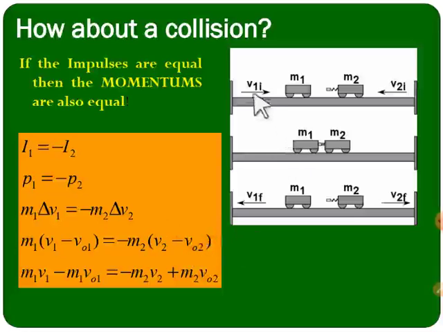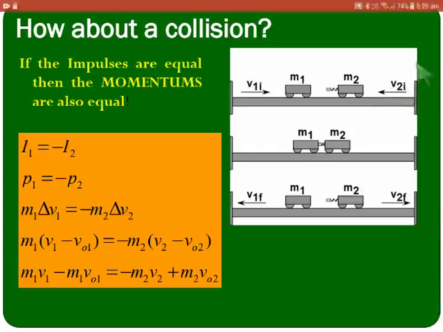So let's take v1i to represent the initial velocity of the first body of mass m1, moving from left to right, and m2 the mass of the second body, whose initial velocity is denoted by v2i. Initial can also be denoted by v02, as done here.